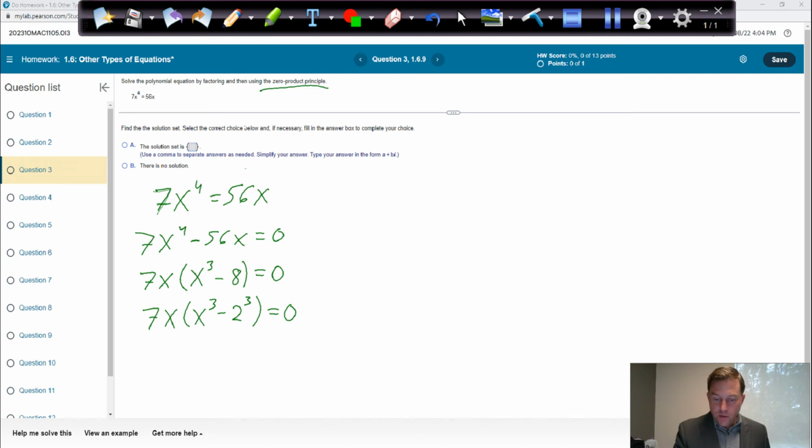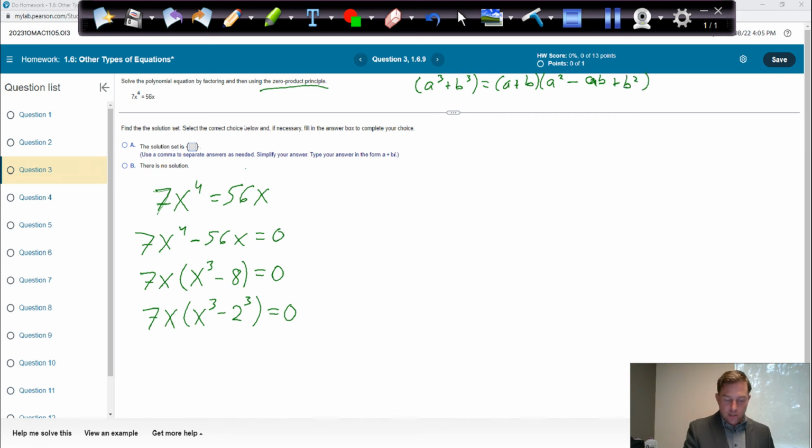So if I have 2 perfect cubes being added, I can factor that into a plus b, times a squared minus ab, and then plus b squared.